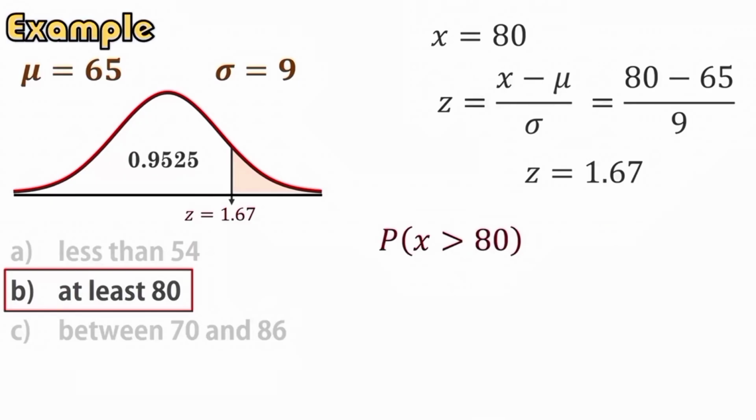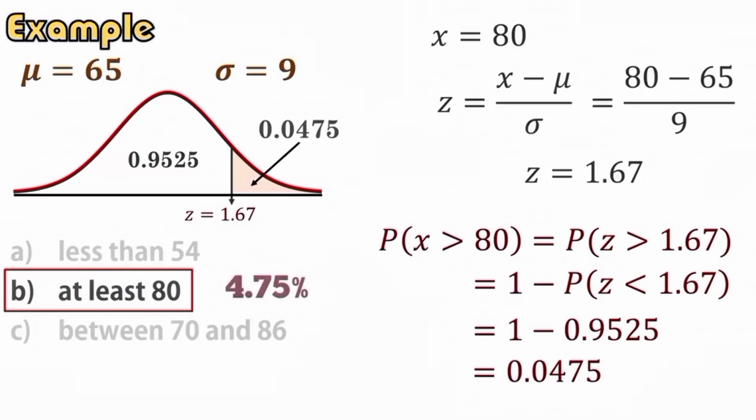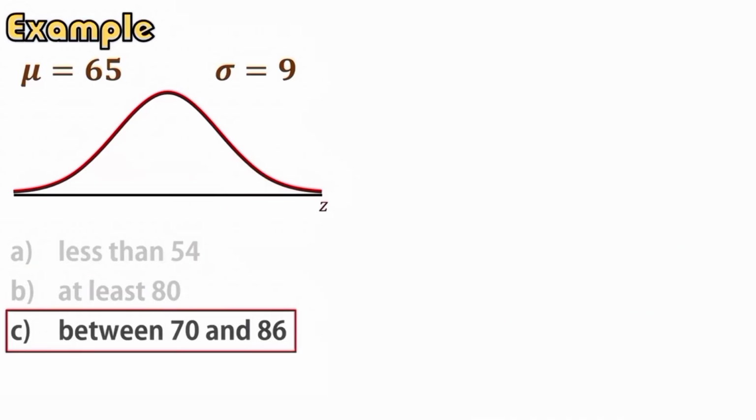So we have to subtract from 1 to find the answer inside that shaded part. So 1 minus 0.9525 is equal to 0.0475, so the area under that part is 4.75%.